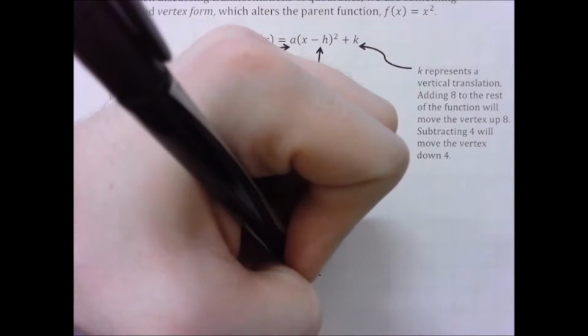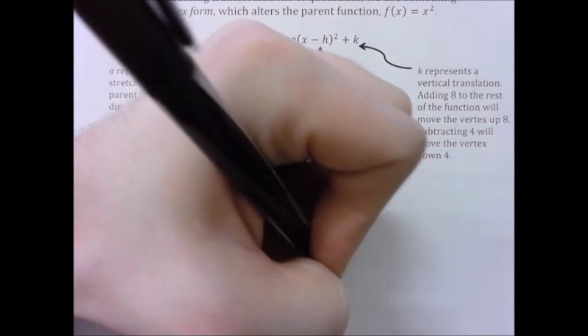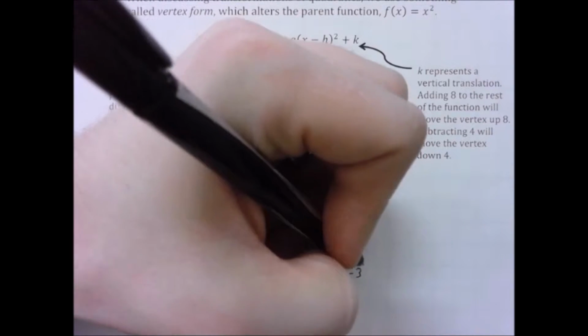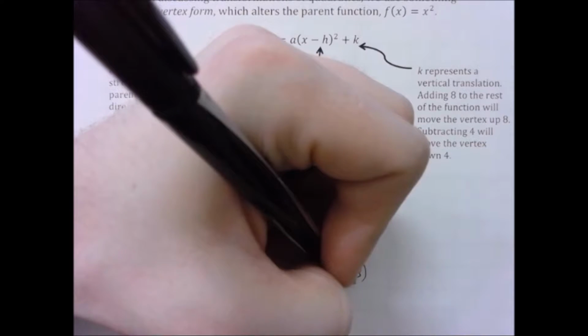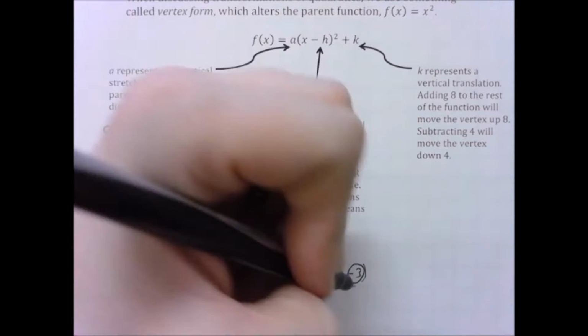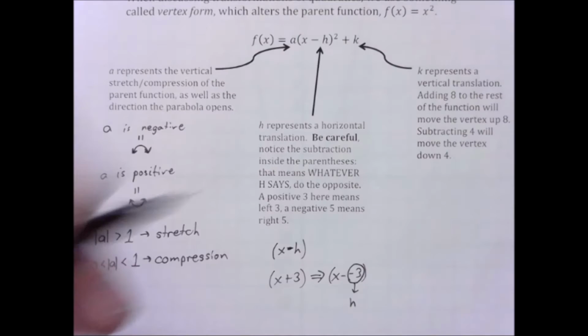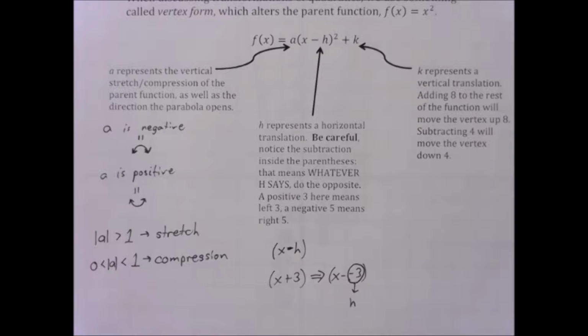I can rewrite this x plus 3 as x minus negative 3. And now this negative 3 becomes my h. So whatever happens inside the parentheses, this minus sign that we actually expected means we do the opposite. That's where that negative means right, positive means left thing comes from.